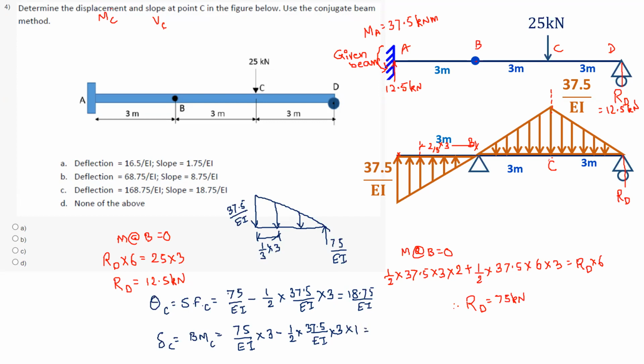So we have 37.5 into 1.5 minus 75 into 3, and it comes to 168.75. So now we have deflection 168.75 and slope 18.75. So the option is C.